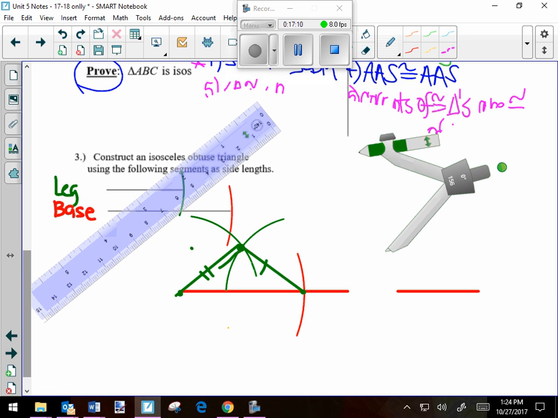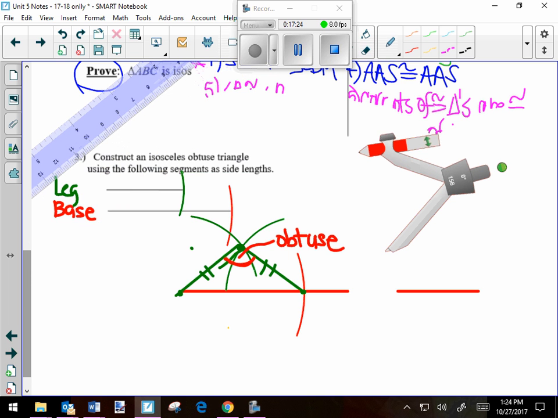These two sides are congruent to each other. This angle that you have at the top here is obtuse. And because of the way that we've worked this, I now have an isosceles triangle that's obtuse as well.